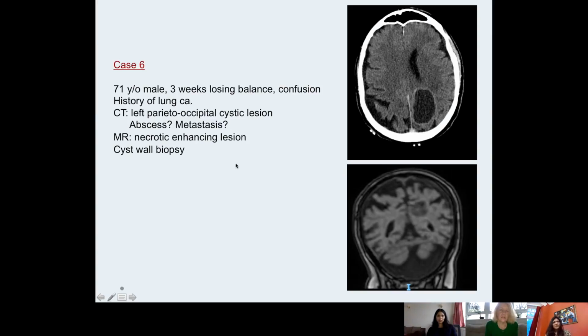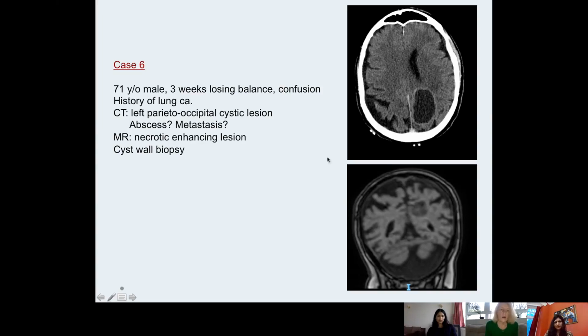On CT, a lesion was found in the left parietal occipital lobe, which appeared cystic. And the differential diagnosis at this stage was either an abscess or, given the history of lung carcinoma, a solitary metastasis.